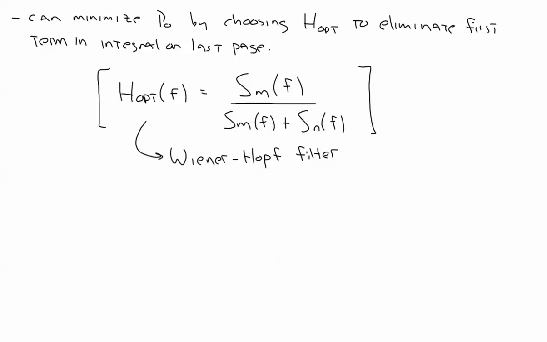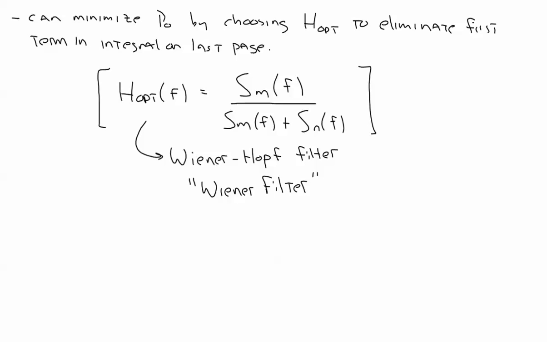Named after a couple of German engineers who investigated this type of optimum filtering way back in the 30s and 40s. It's also commonly just referred to as a Wiener filter. Okay?